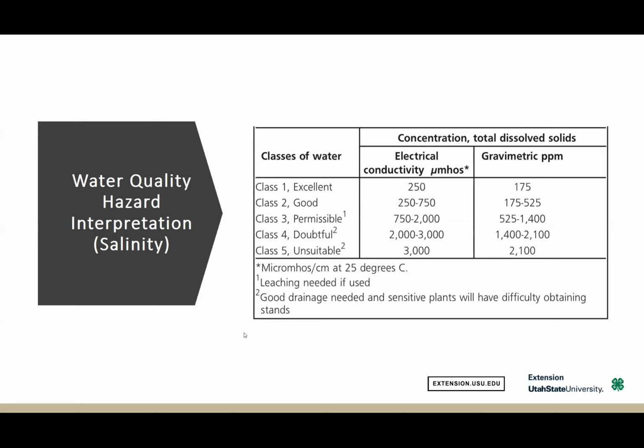And I mentioned that these are general. Every single plant that you might be interested in growing will have a specific tolerance level to salinity. And so you get a good idea of the general suitability, but then you'll need to take it one step further, as I'll show later, and take a look at the sensitivity of a specific plant to the salinity level in your water.